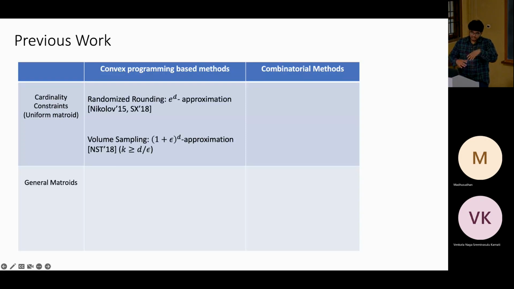That's because determinant is a d-dimensional quantity. You can think of the objective as determinant to the 1 by d, and then these will be constants, as in Nash social welfare. K is the rank of the matroid, and if I'm allowed to pick much more than the dimension, then you get very good approximation.